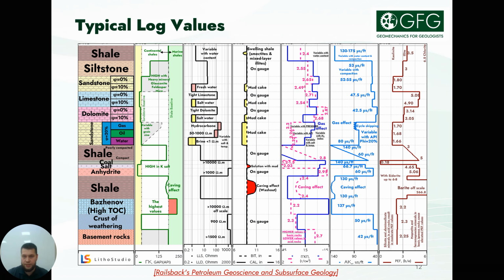The slide with typical log values shows typical readings for different logging methods. The highest readings of gamma logging are characterized by clays and oil source rocks with a high content of total organic carbon, and the lowest readings are characterized by coals, carbonate rocks, anhydrites, dolomites, and other rocks.